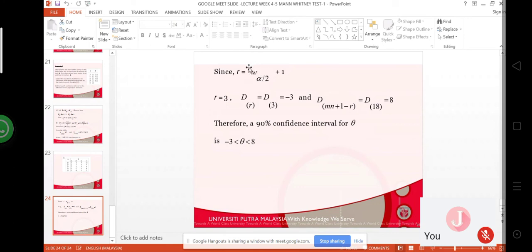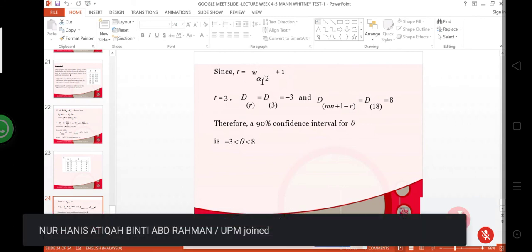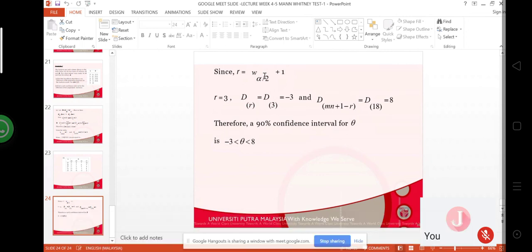Please take note: always plus 1. I have already shown you how to get this W 0.025 when the sample sizes are 4 from one sample and 5 from the other. So here, what we get, as I showed just now, is 2. So 2 plus 1 equals 3.